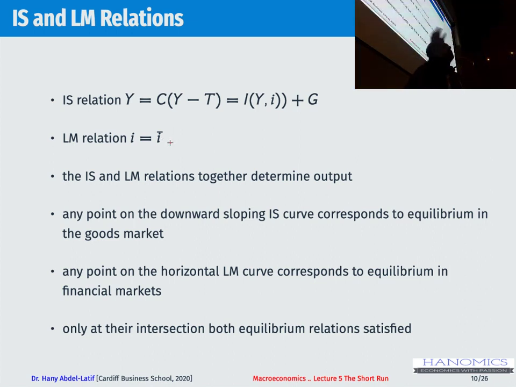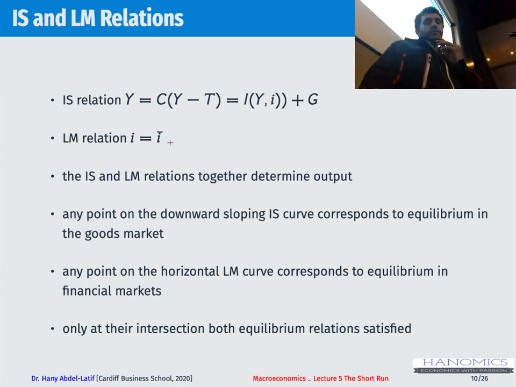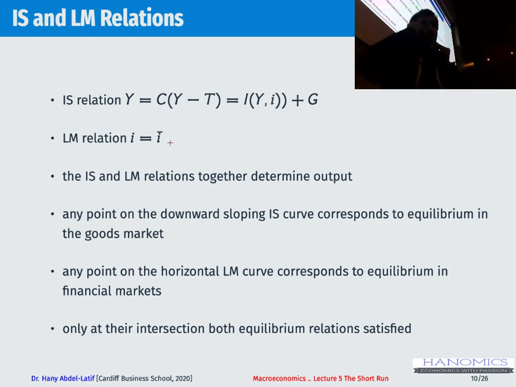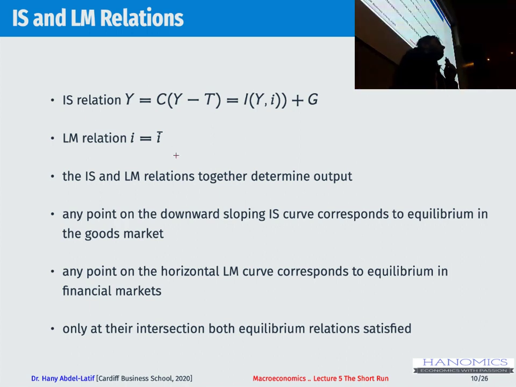The central bank can change it for any level of Y, increase it or decrease it, and that's what they choose first, and then based on that they adjust the money supply to achieve that level of interest rate. So the IS and LM relations together determine the output level, the equilibrium in both markets simultaneously.